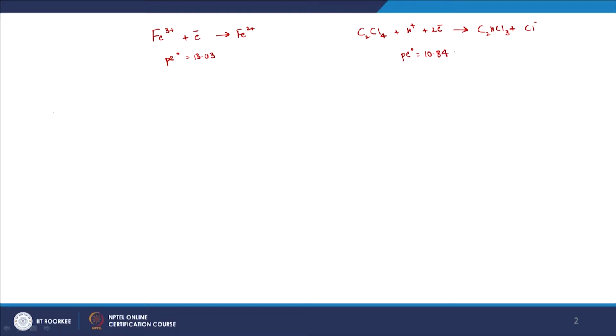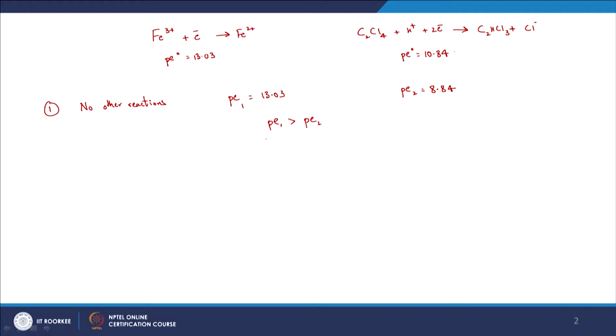And so we worked out two cases. In one we had no other reactions, only the redox, and we saw that P1 came out to be 13.03 and P2 came out to be 8.84, and because P1 is greater than P2, right.